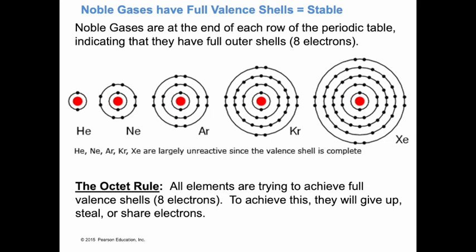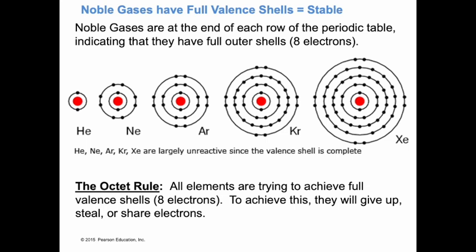So here is what the noble gases look like. The first shell can only hold 2. So you see helium has 2 electrons in it, and when it has 2 electrons, it has a full shell. So helium has 1 full shell. Neon has that first shell also full. If you look at neon, it kind of looks like helium does, except it has a shell outside of that.